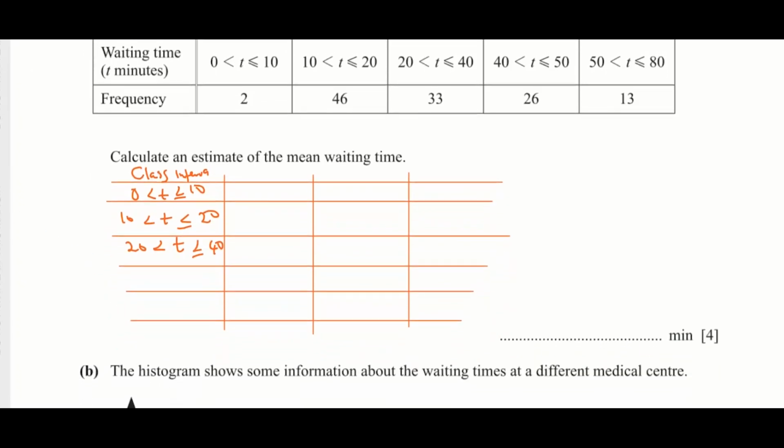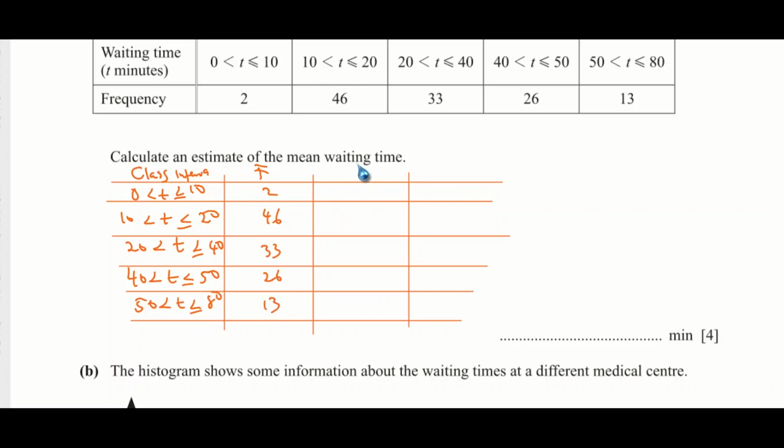Next one, 40 less than t less than or equal to 50. Then 50 less than t less than or equal to 80. Then the frequency is given here: 2, 46, 33, 26, and 13.